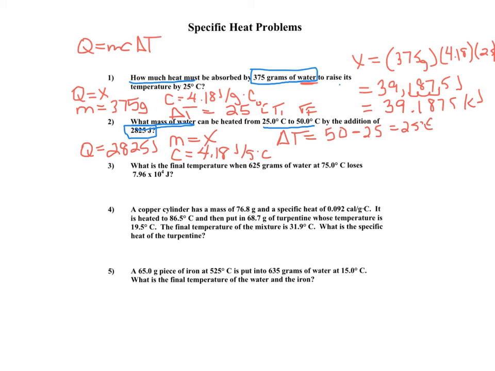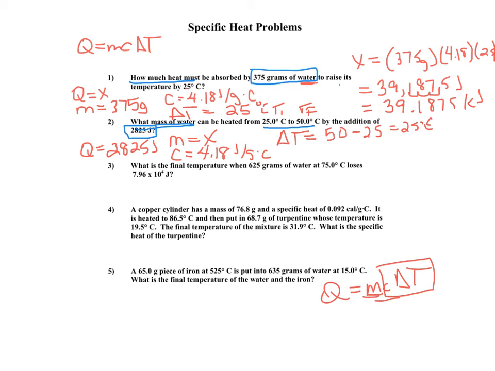All right, let's rearrange our problem so that we're solving for M. If I have Q equals MC delta T, and this is what I'm solving for, how do we get rid of this so that we get M by itself? Well, if I'm multiplying M times C times delta T, I need to do the opposite of that.